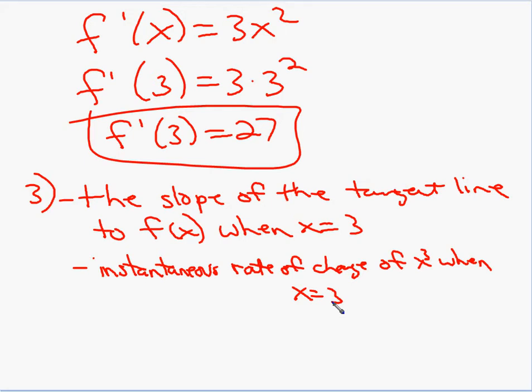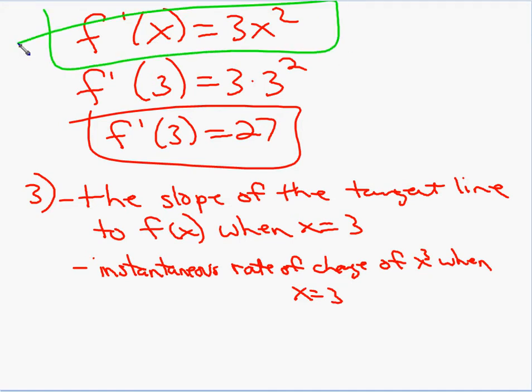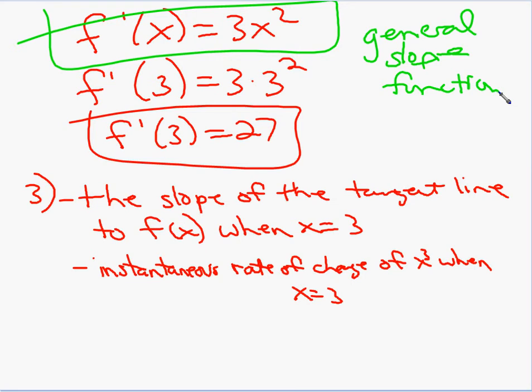It's the idea that we can calculate how fast a function is changing at a given instant. What is the other name that I gave to the derivative? The general slope function. Because remember, I can calculate the slope of the tangent line anywhere once I have the general slope function. All right?